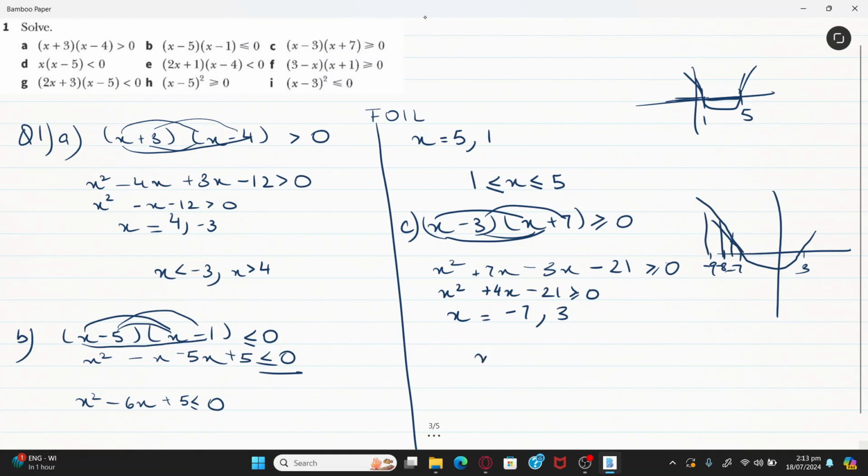So we can say that x is less than or equal to negative 7, because they have also asked for the point which is 0, but x is also greater than or equal to 3, because after the point 3 we have a positive value for our parabola, and so on and so forth.